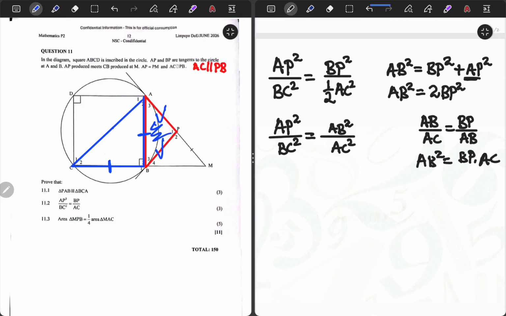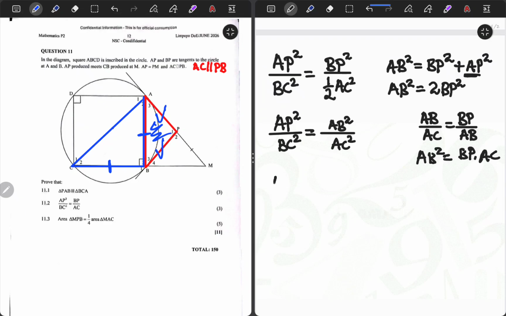And this will result to, I take this, I replace there, AP square over BC square. Where there's AB square, I'll replace by BP multiplied by AC over AC square.